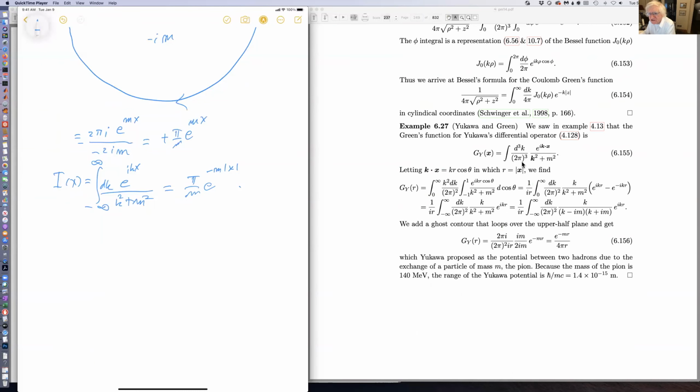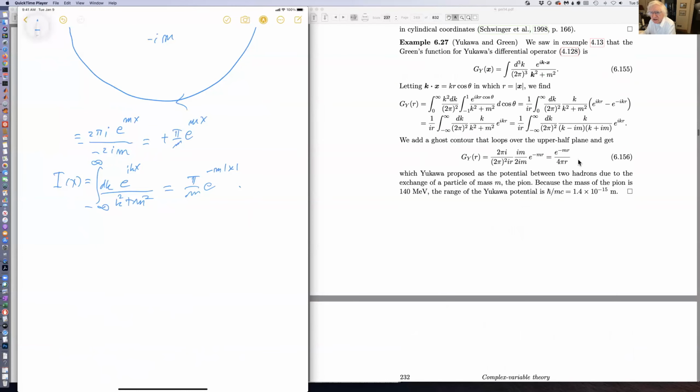If we're doing this, let us suppose we're doing this in 3 dimensions. So we have a 3-dimensional Fourier transform of essentially the same thing. Then we go to spherical coordinates in k. We take the z-axis in k as being in the x direction. We have x fixed here. So we write k dot r as kr cosine theta.